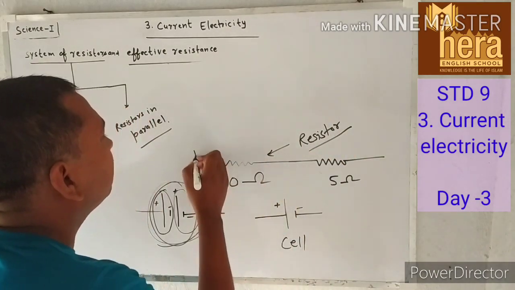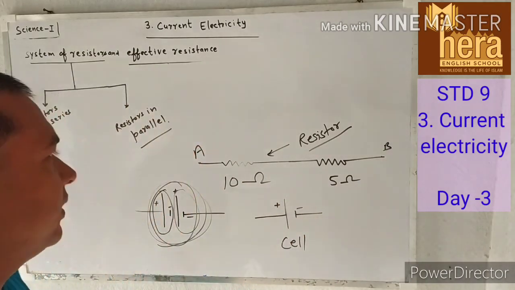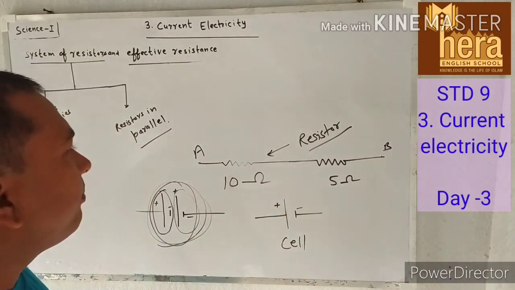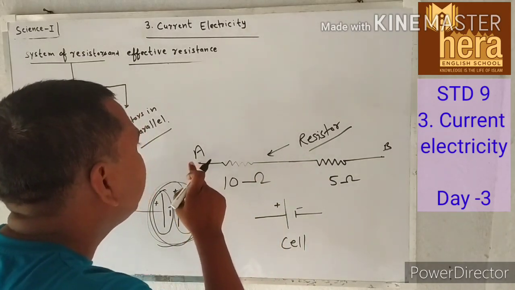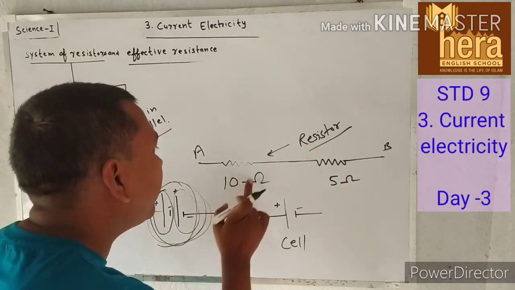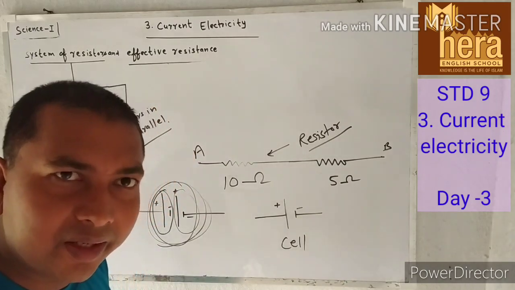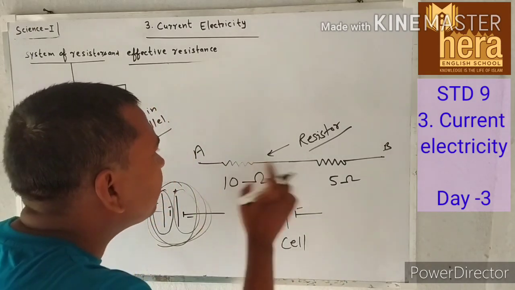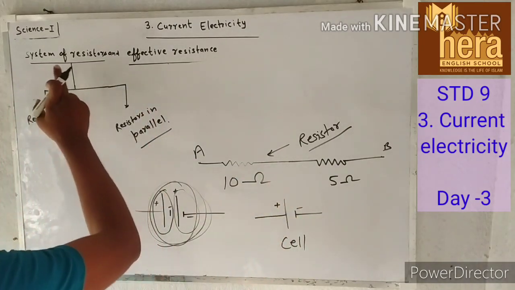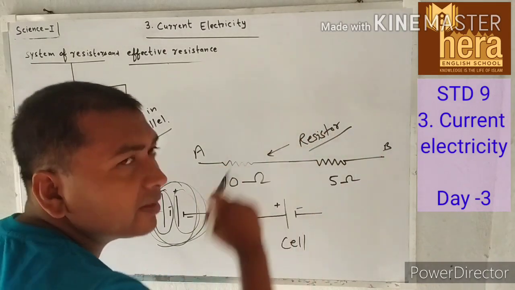This is point A, this is point B. So there are two resistors between points A and B, having resistance 10 ohm and 5 ohm respectively. This type of arrangement is called resistors connected in series.